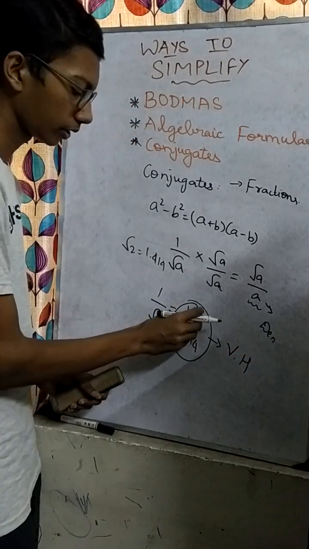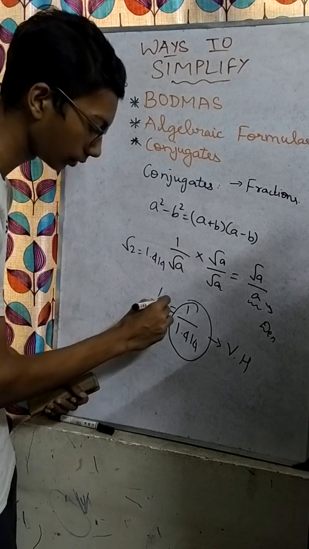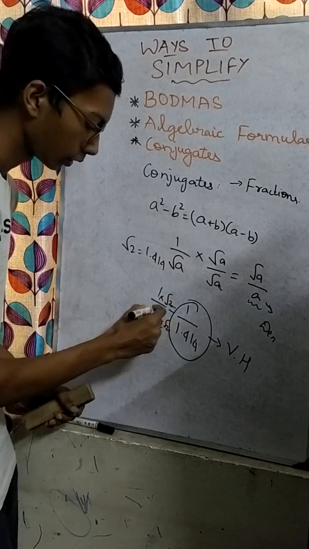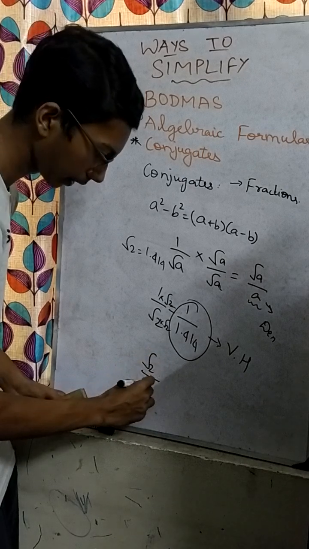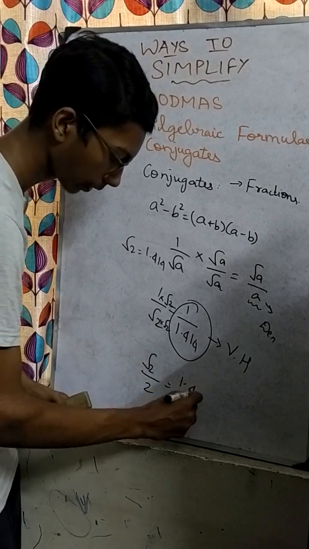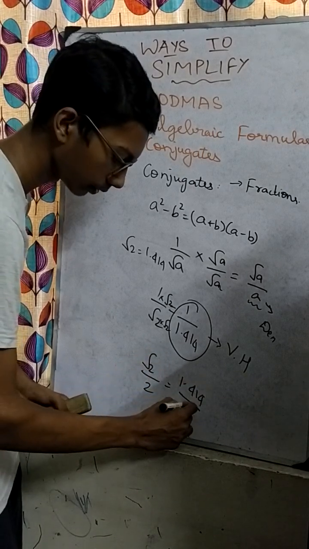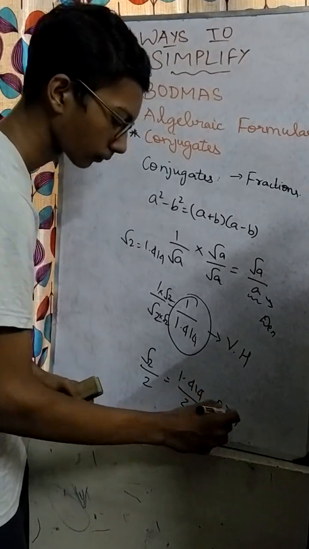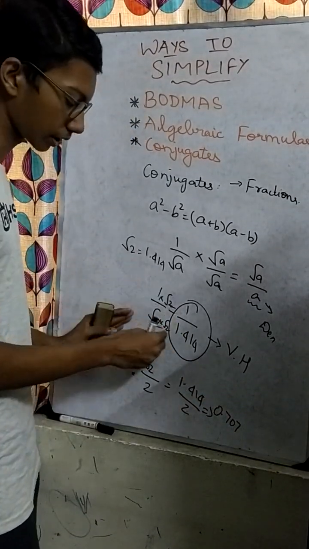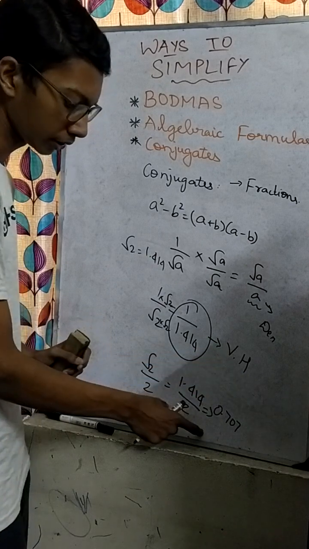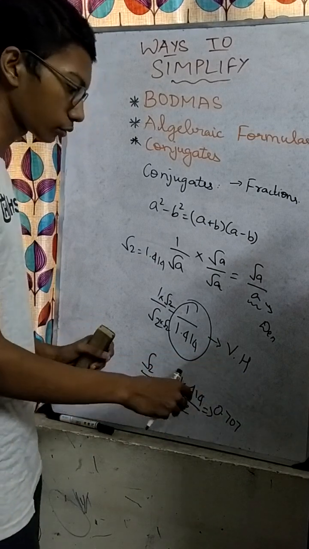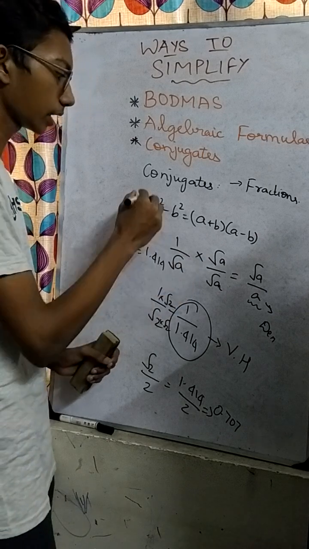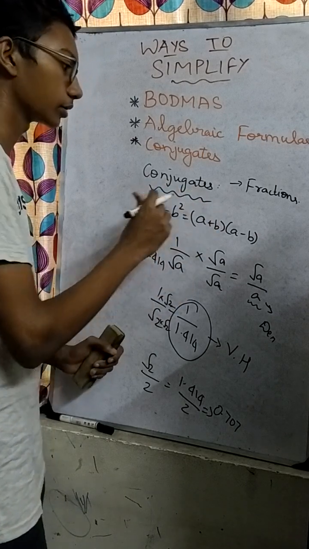So what we will do is just multiply and divide by root 2. So we have root 2 by 2, that is 1.414 divided by 2. This is much easier, so we have converted this extremely hard calculation into this fraction. That's why we should always have non-root values in the denominator, and that's why taking conjugates is very important.